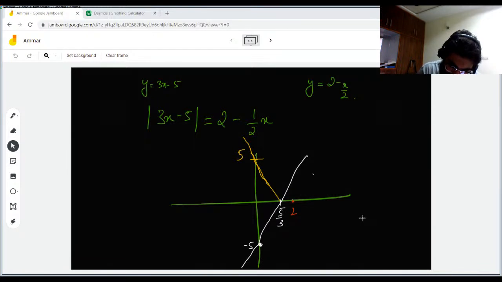So we have got y is equal to 2, and if I put y is equal to 0, 0 is equal to 2 minus half x. Half x will be equal to 2, and x will be equal to 4, right? Yeah, actually, you're right. It would be 4.